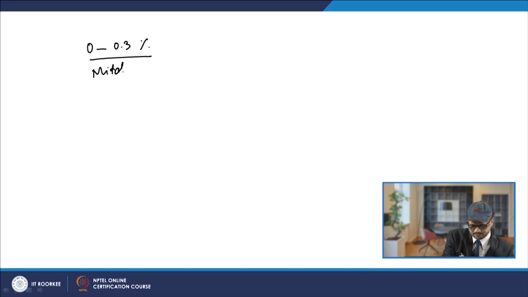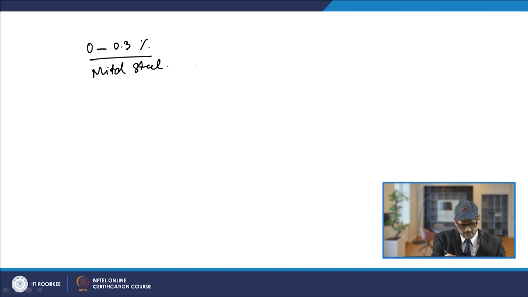In this case it is divided into 0.0 to 0.1, 0.1 to 0.2 or 0.2 to 0.3. They are normally known as mild carbon steel, and you can use them for chain links, nails, and rivets, because here the ductility must be very high and the carbon percentage is less. So you will have quite good ductility, and for that reason it is used.